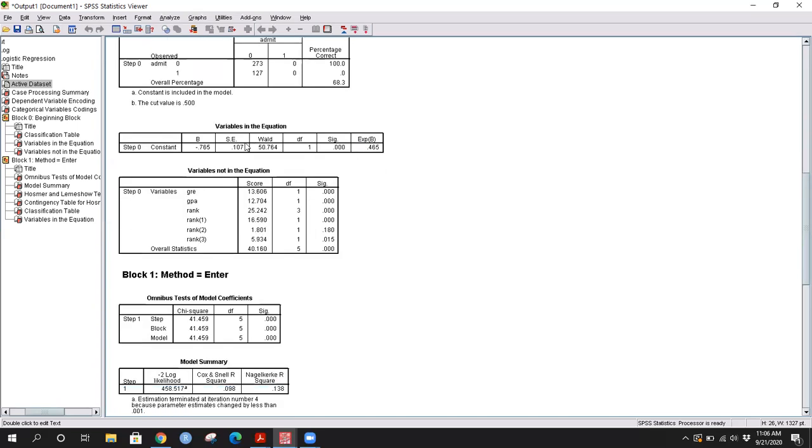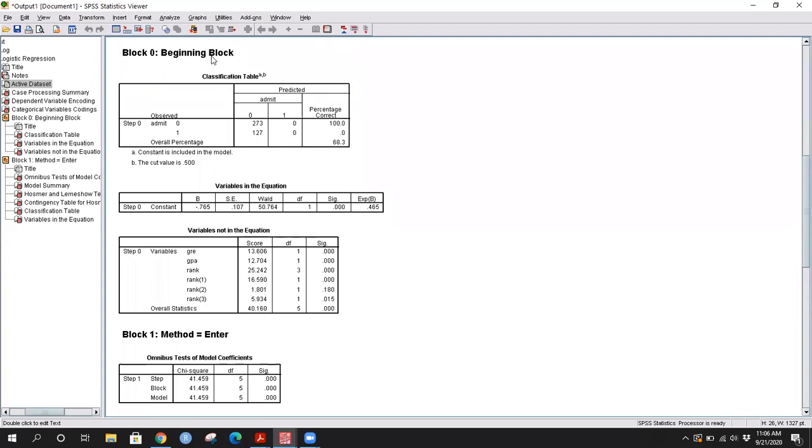Next, we look at the variables in the equation and variables not in the equation. Now, because this block 0 or beginning block is about an empty model, a model in which there is only the intercept term and you have not included any of the independent variables, this variables in the equation table means: right now in your regression equation, what do you have?